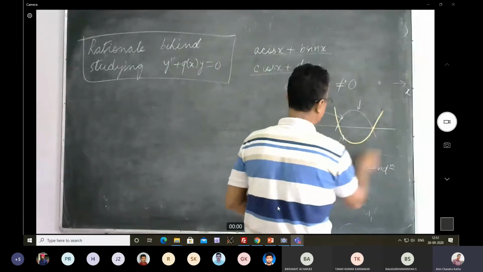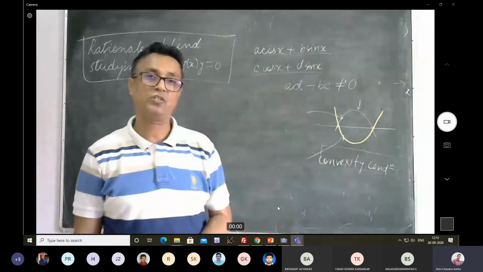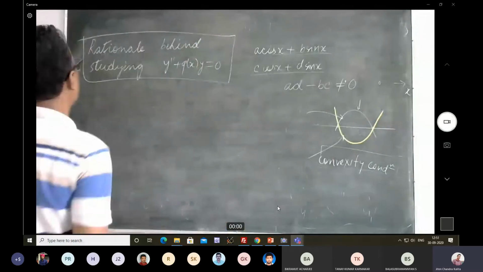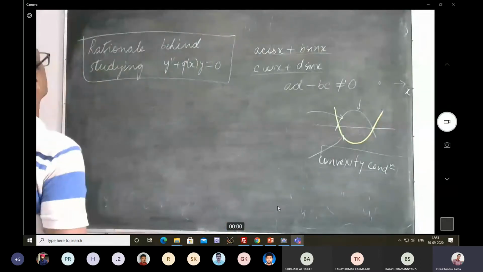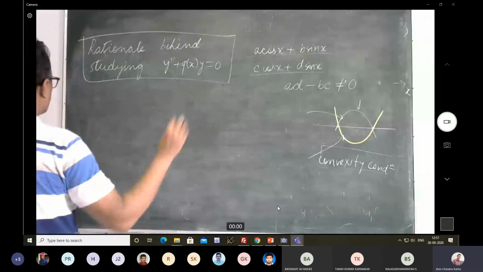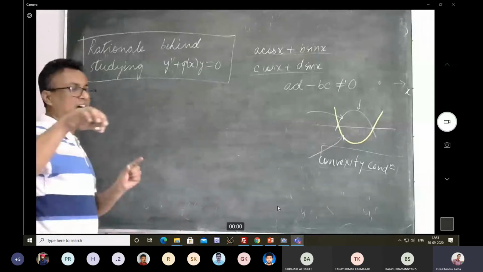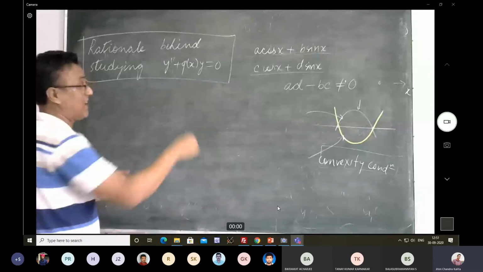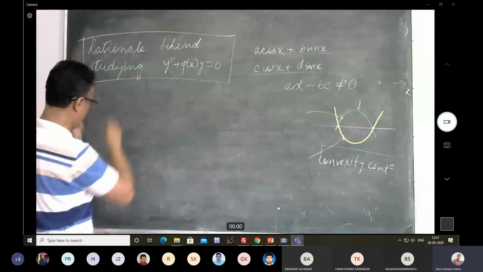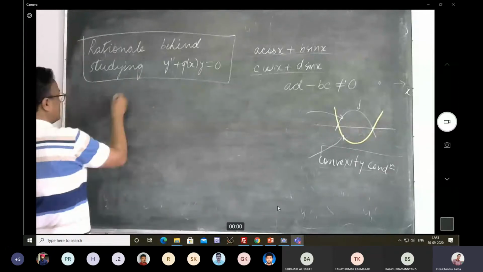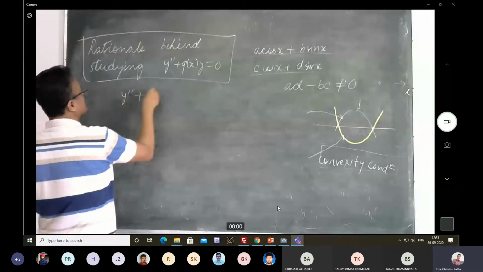So that is why they call it the convexity condition. Okay, fine. So now let us see what is the rationale behind studying this. Firstly I am going to do some mechanical mathematics and then I will come back to the motivation part. See, my original differential equation was this.